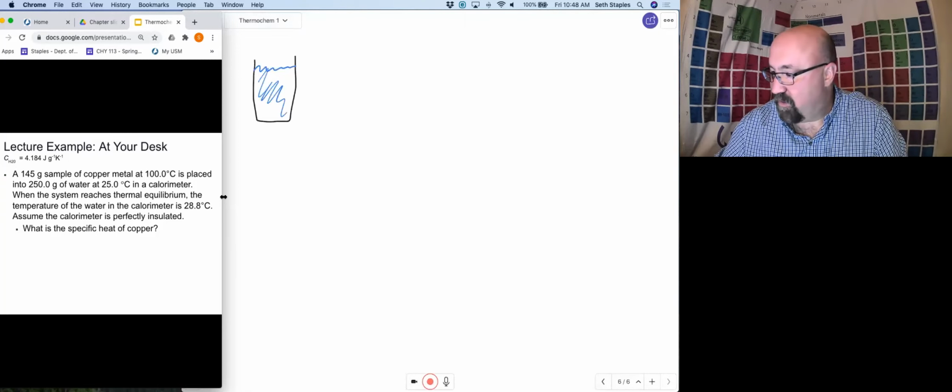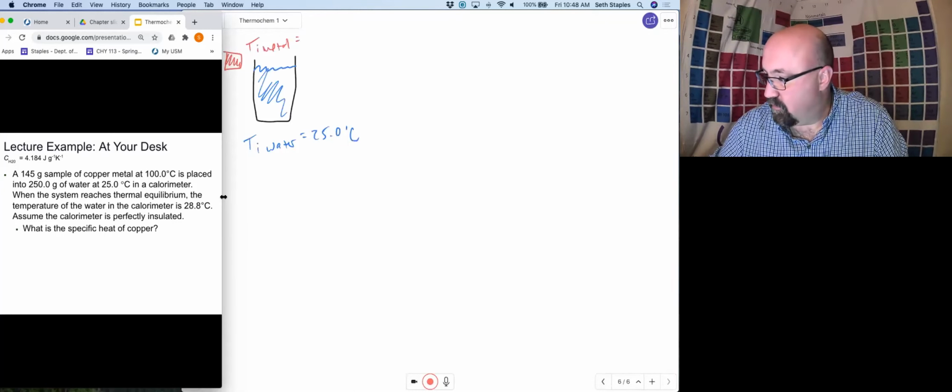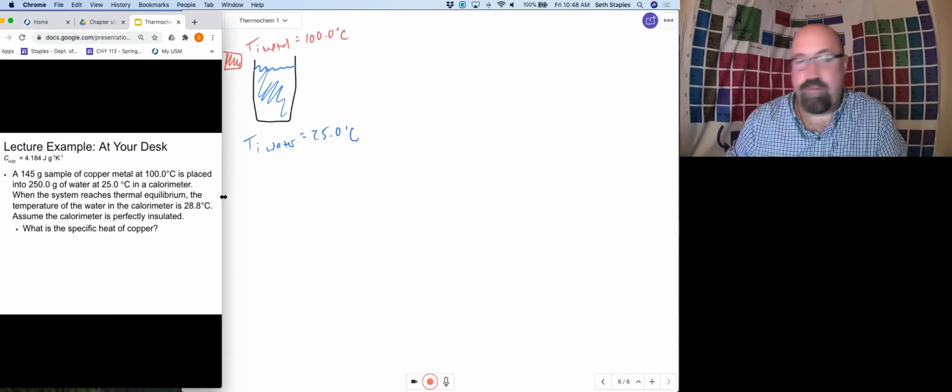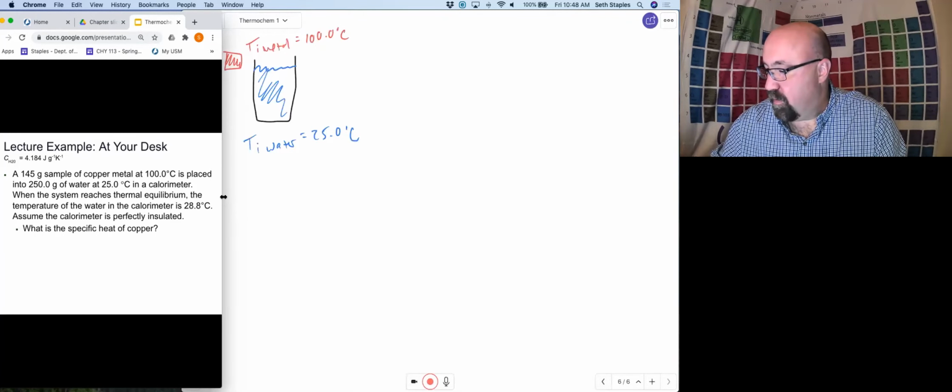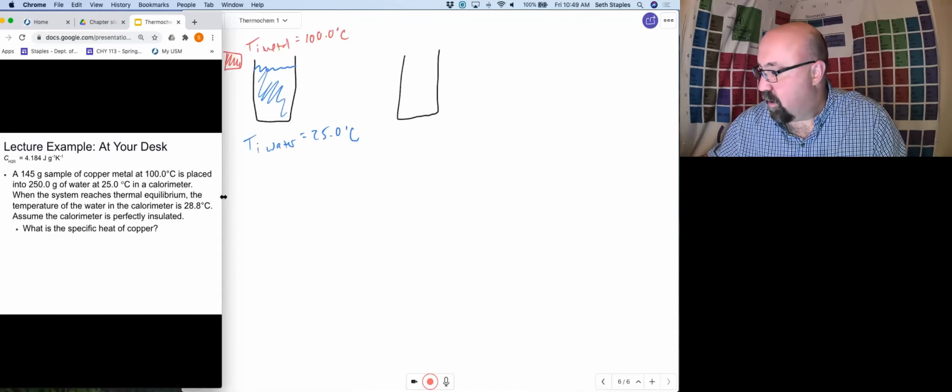Our water is starting, and so our temperature initially of our water equals 25.0 degrees C. We have a sample of our metal, and our temperature initially of our metal equals 100 degrees C. And so then we're going to put them together. So we're going to drop our metal into our water.